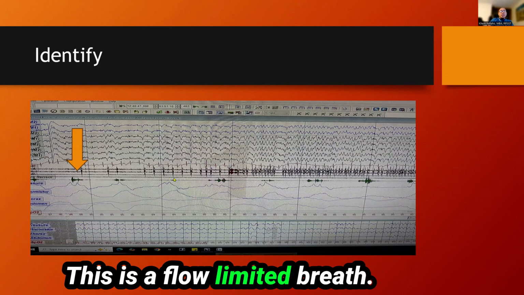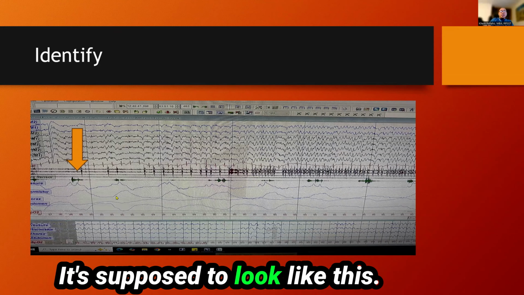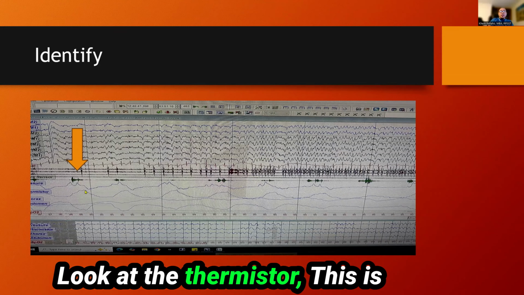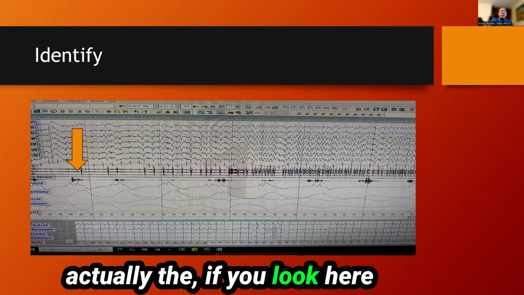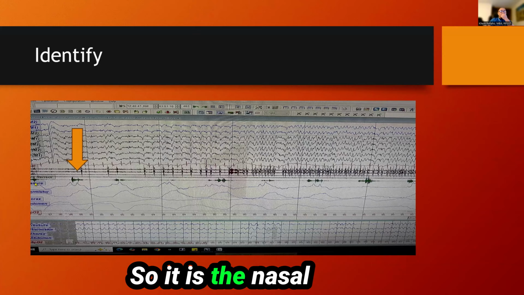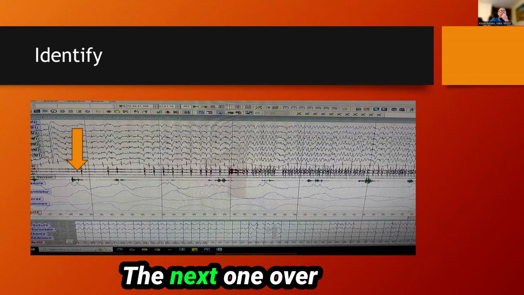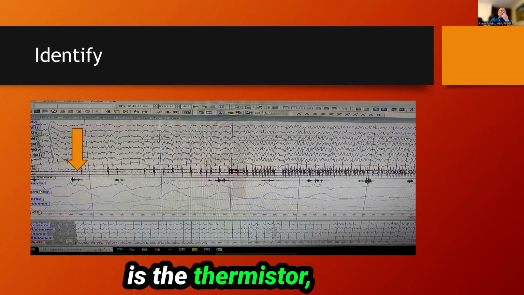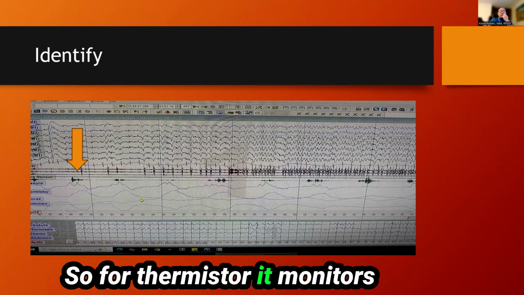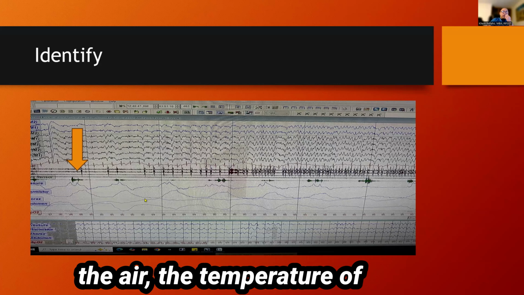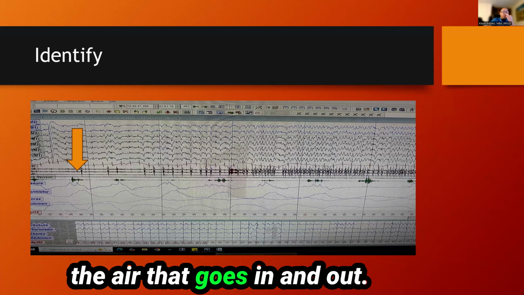This is a flow limited breath. It's supposed to look like this. Look at the thermistor. If you look here on the left, this is pressure. So it's the nasal cannula, the pressure transducer or the PTAF. The next one over is the thermistor. So the thermistor monitors the flow pattern through the temperature of the air that goes in and out.